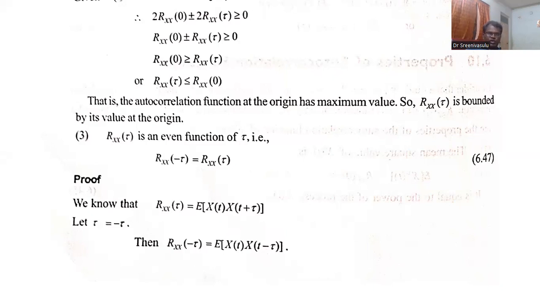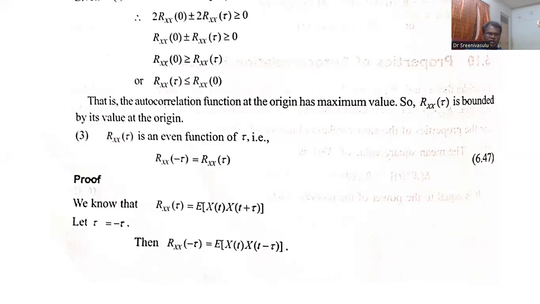Now it is going to be written in mathematical form. Again, we are going to consider the formula: Rxx of tau is equal to expected value of x of t into x of t plus tau. Now, in this, I am replacing tau with minus tau.